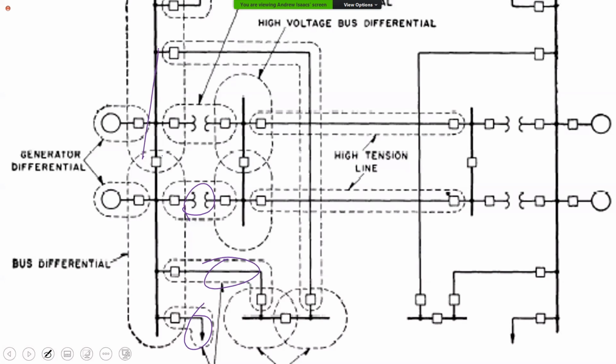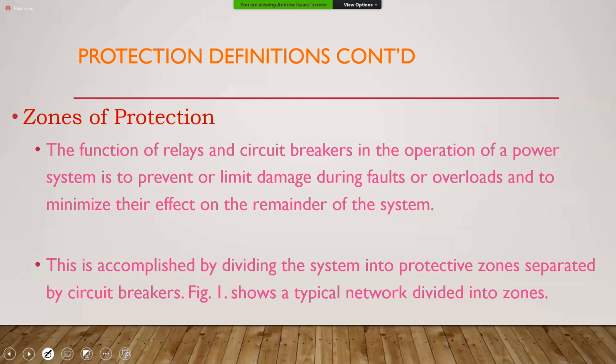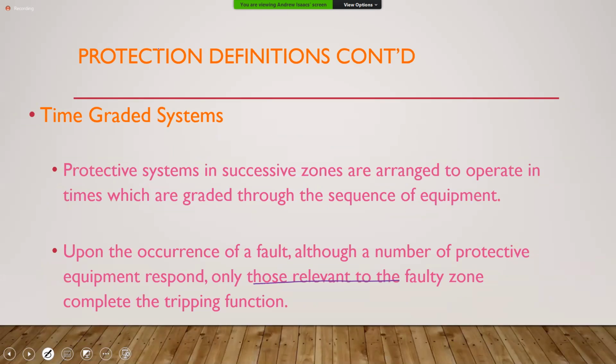So you get the picture. If the local breaker doesn't trip, then it's going to take out more of the system than is necessary. But I don't want to carry you into all of that detail just yet.